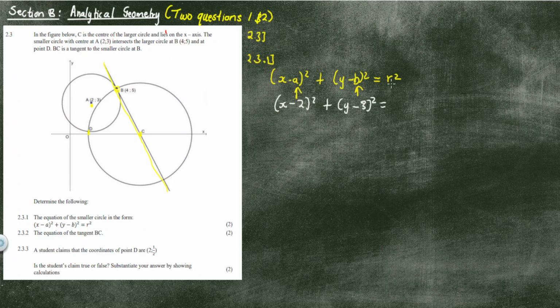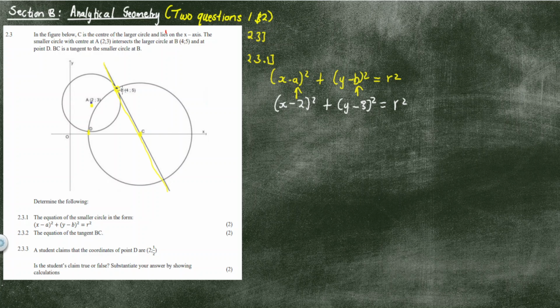equal to, we don't have the radius, but don't stress. We have our coordinates of the center A, it's captured. Now we need the value of r, the radius.